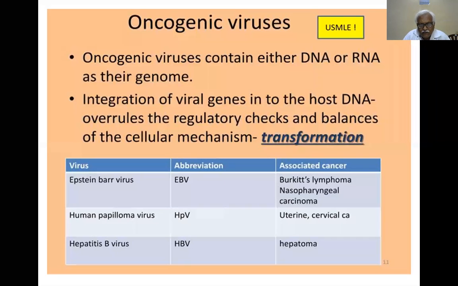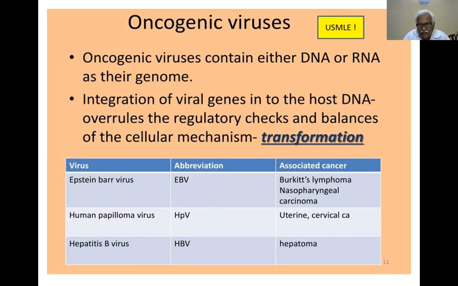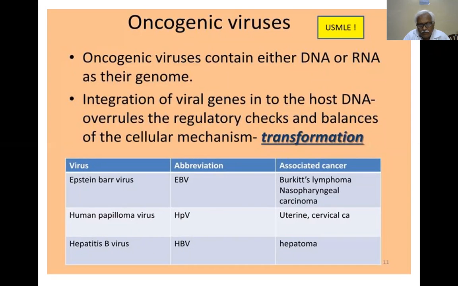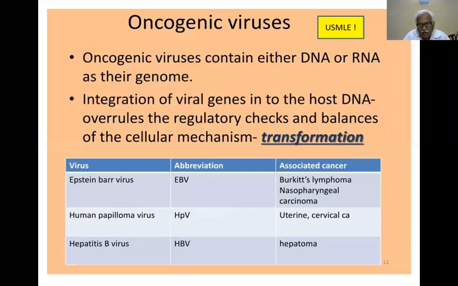That's why they know pretty well how to prevent uterine and cervical cancers by making it a religious circumcision. The males should undergo circumcision at the age of just 1 or 2 years. That's all. They do not know what is happening.